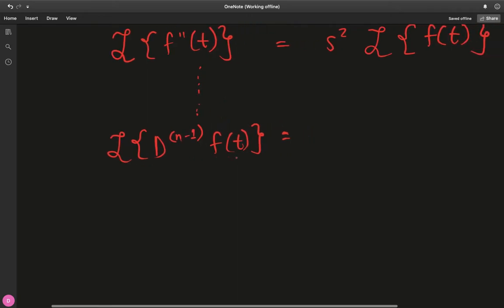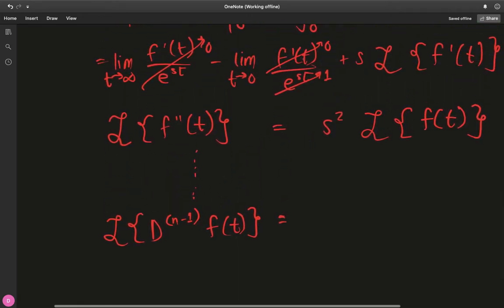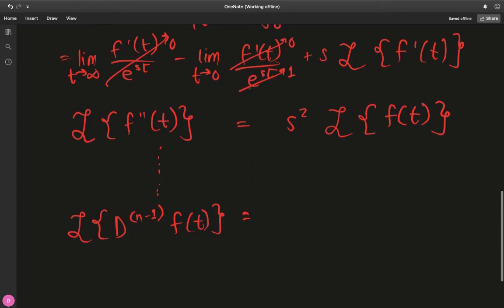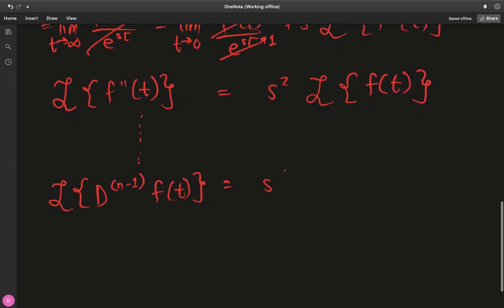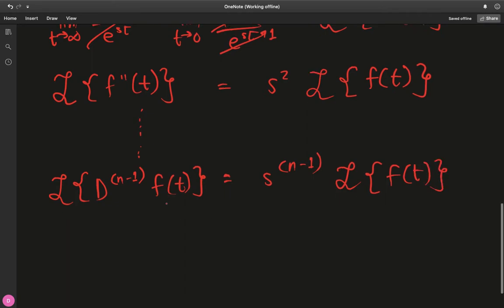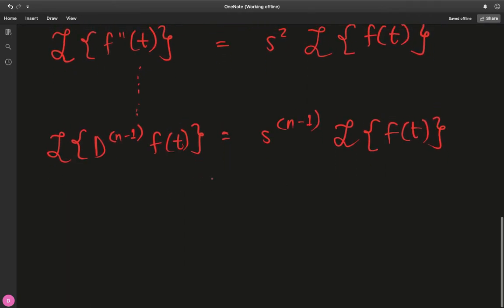So that's why this holds, and all these other terms that we had to evaluate without the integral sign all become 0, and we are left with s to the n minus 1 times the Laplace transform of f of t. That's the value of the Laplace transform of the n minus 1th derivative of f of t.